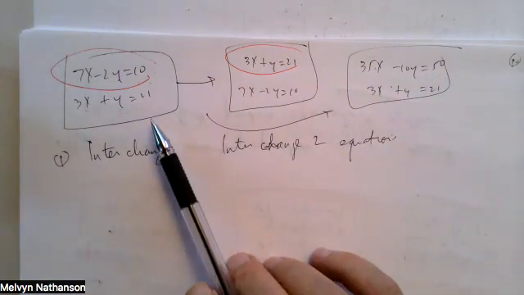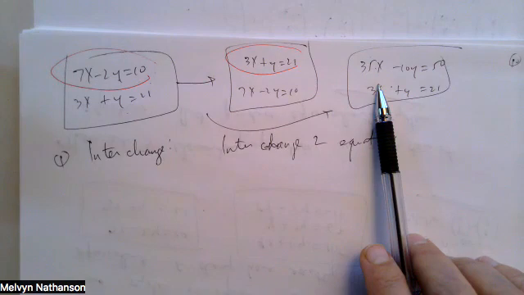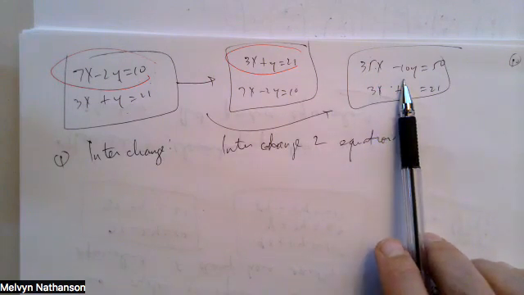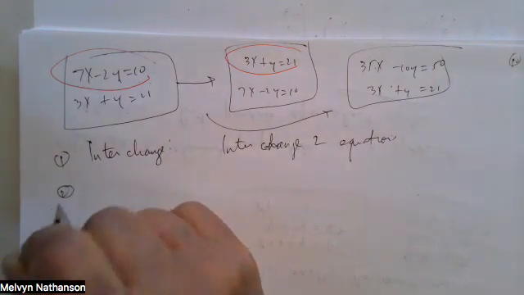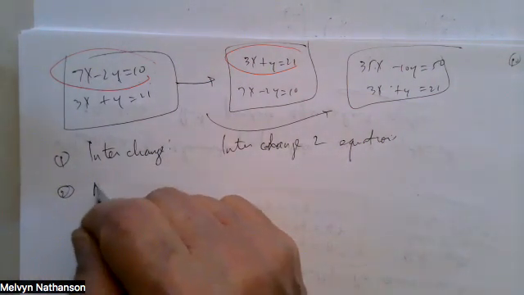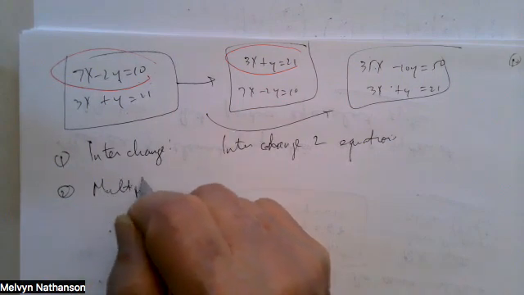Now, this system is different from this system because the first equation is different. This has 7, this has 35. But the way I got this equation from this, I just multiplied the whole equation by 5. So any solution of this system is still a solution of this system, and any solution of the second system is a solution of the first system. That's all we're doing. That's the second elementary operation. I'll call it multiplication.